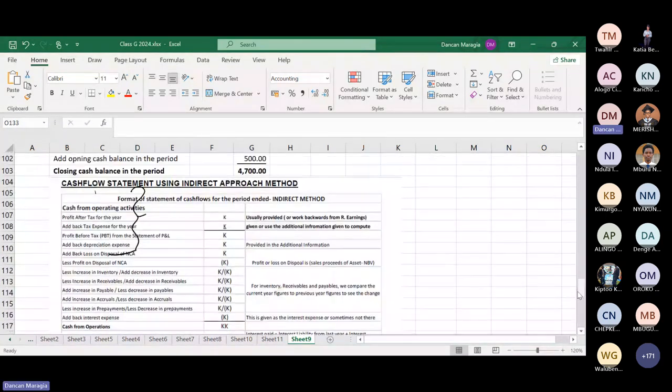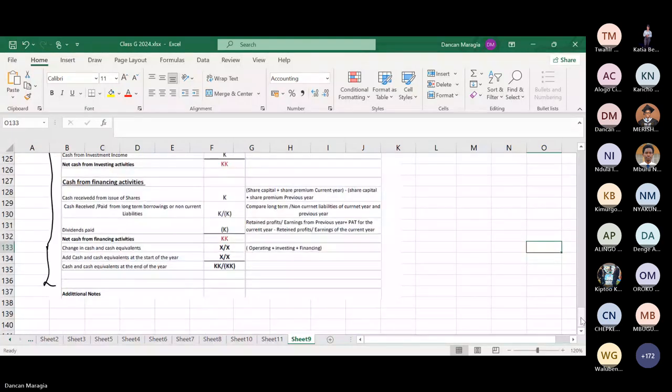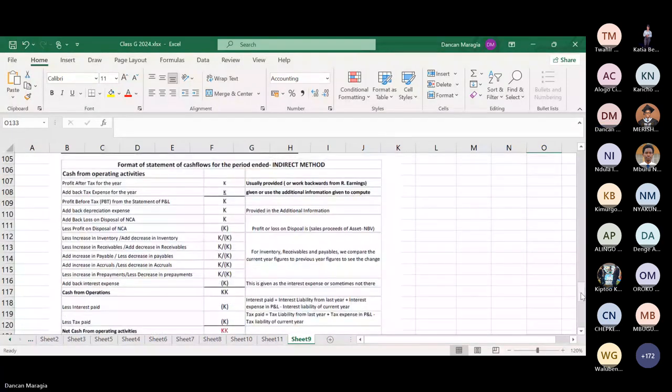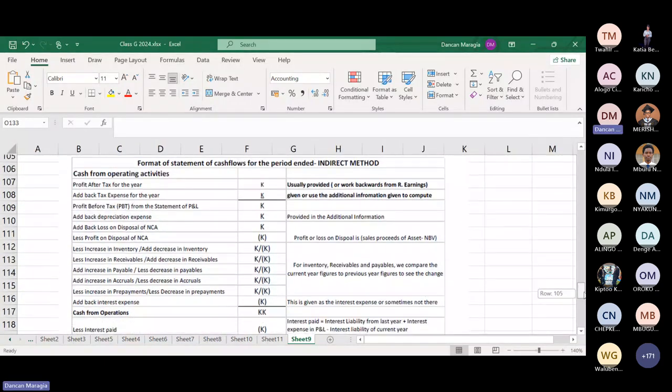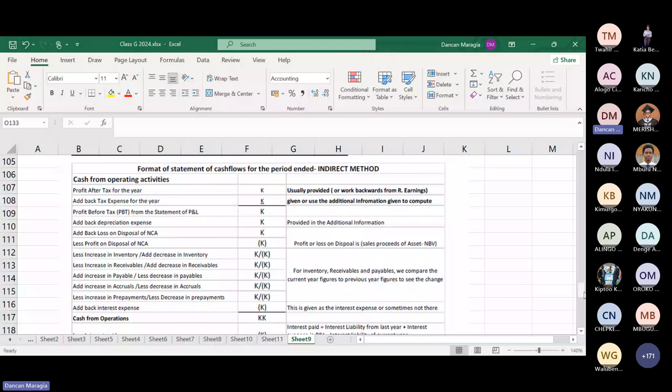Because now it starts with the profit after tax for the year, and we need to work backwards. That is the reason it is called indirect: you don't have the figures, you have to work indirectly backwards.